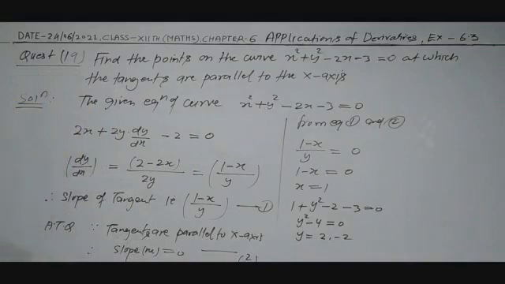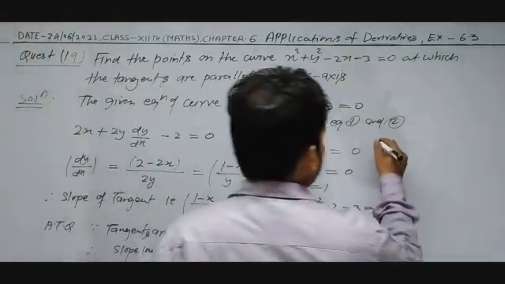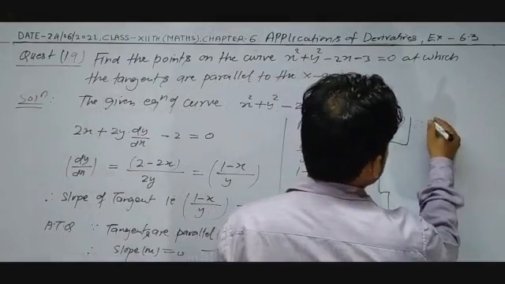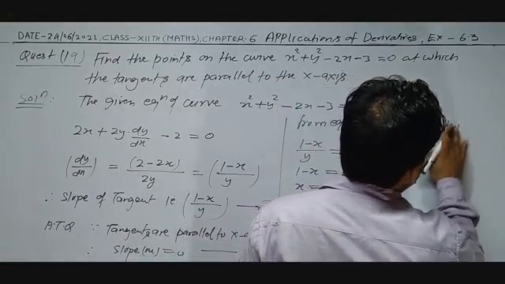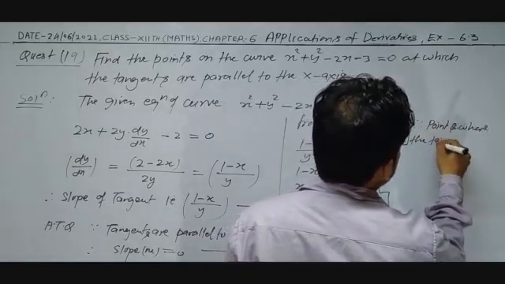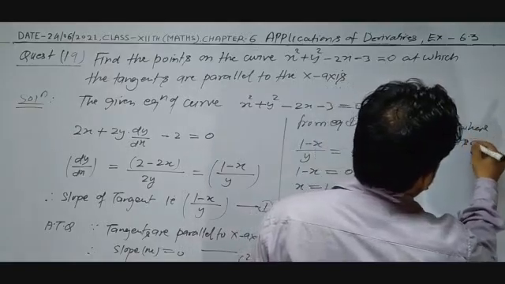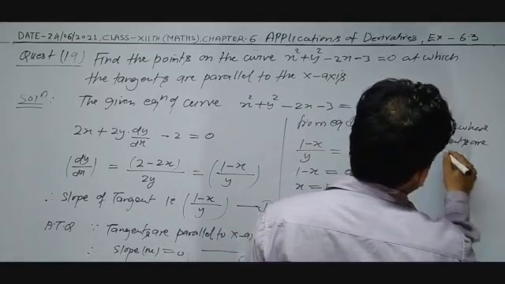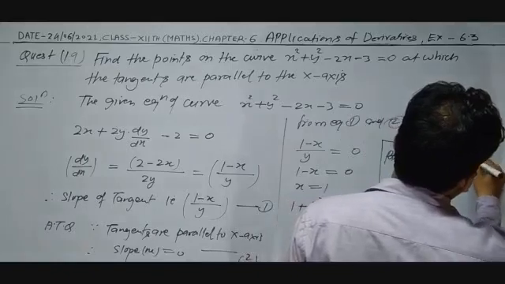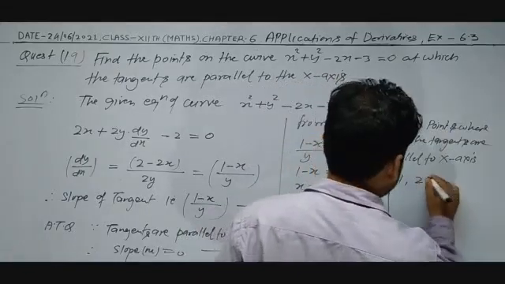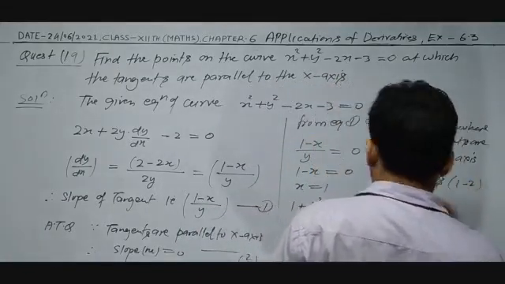So what are the points where the tangent is parallel to x axis? Therefore, the points where the tangents are parallel to x axis are (1, 2) and (1, minus 2).